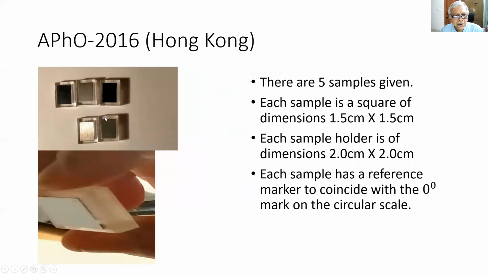Each of these is placed on a holder whose dimensions are 2 centimeters by 2 centimeters, and there is a mark on it which coincides with the zero mark on the circular scale. So when we put the sample on the table, one has to be careful that this mark coincides with the zero of the circular scale.